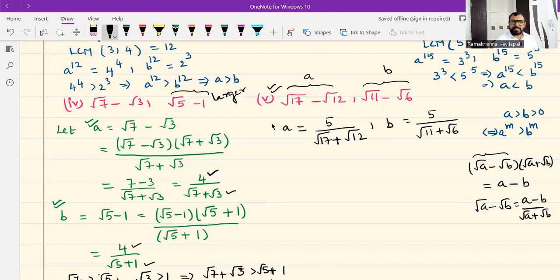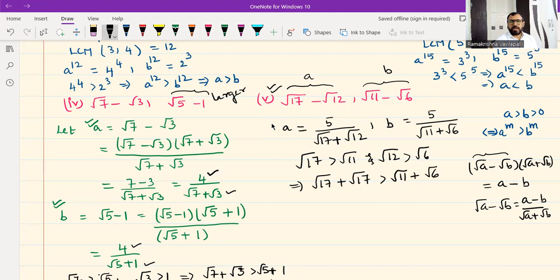So now you see here root 17 is greater than root 11 and root 12 is greater than root 6. Now adding these two, root 17 plus root 12 is greater than root 11 plus root 6.